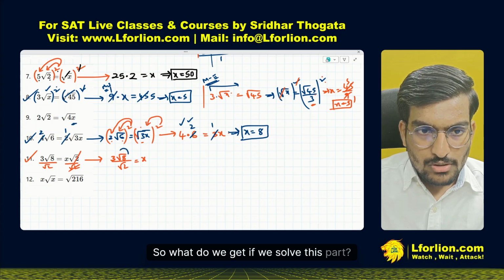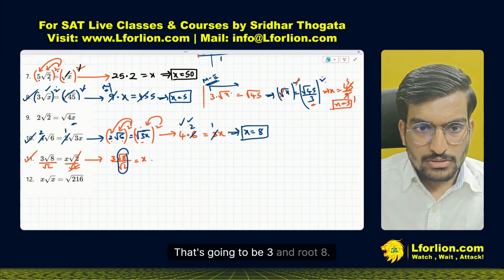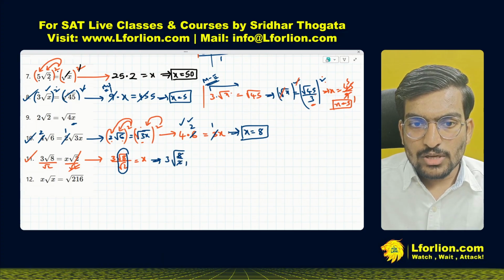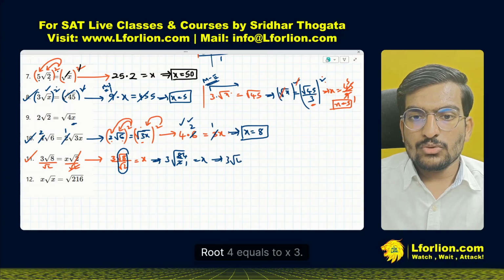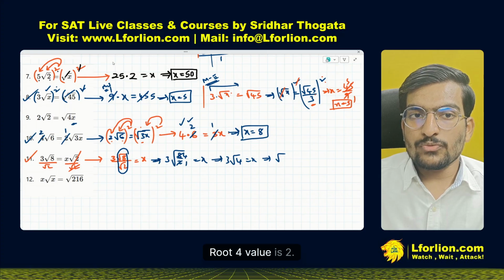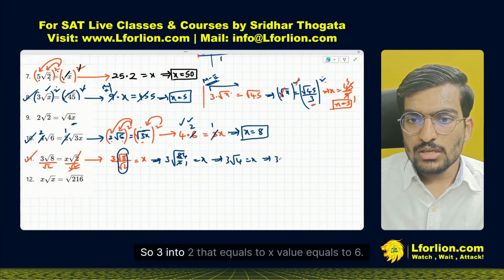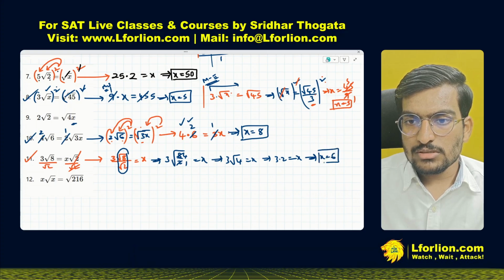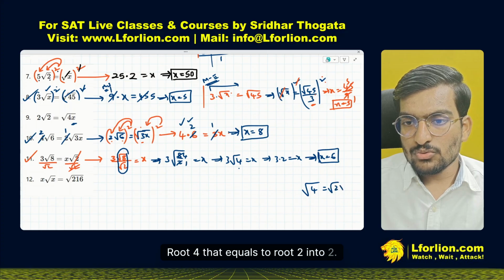If we solve this part, that's going to be 3, and root 8 by 2, which is 2 times 1, 2 times 4, that equals x. That will be 3 root 4 equals x. 3 root 4 is 3, and root 4 value is 2. So 3 into 2, that equals x value equals 6. Hope you know root 4 is 2. Root 4 equals root 2 into 2.